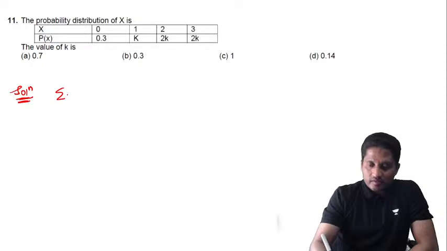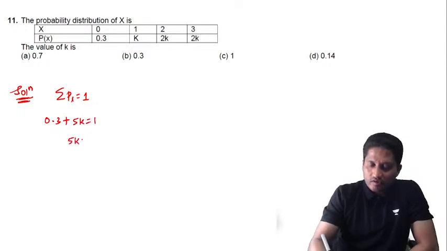Sum of all probabilities is 1. Alright, if I add all this, you get 0.3. Plus if you add k plus 2k plus 2k is 5k, it is equal to 1.